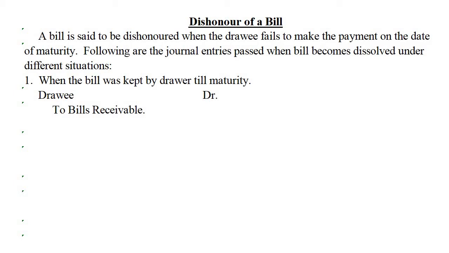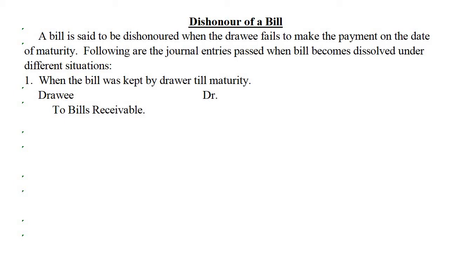That means we received a bill receivable from the drawee; he accepted and gave it. Now he is not paying the money. So what is the effect? The bill receivable which we received is cancelled and he has to pay the money to us. So his account will be raised again and the bill which was already raised will be cancelled.